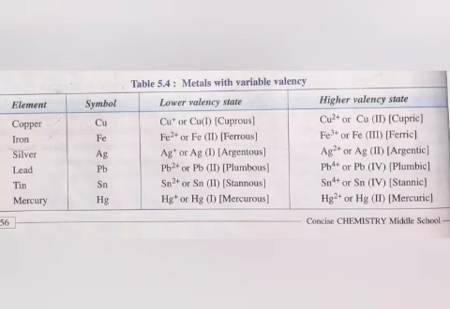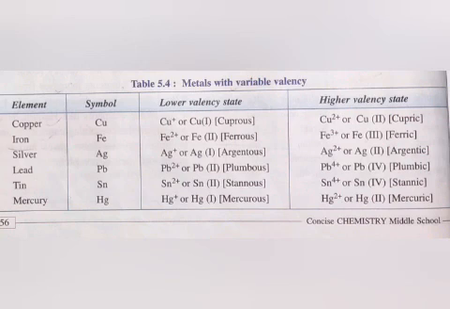For example, copper. Copper shows two valencies, copper 1 positive and copper 2 positive. The suffix -ous is used for the lower valency, meaning copper 1 plus is called cuprous, and the suffix -ic is used for the higher valency, cupric. Copper 2 plus is denoted as cupric.